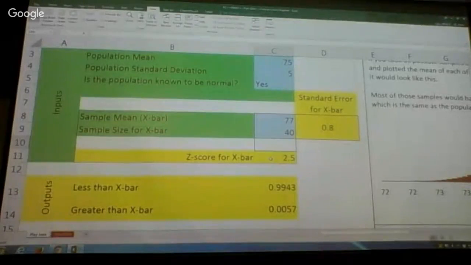So 77 minus 75 is 2, divided by 5 over the square root of 40.